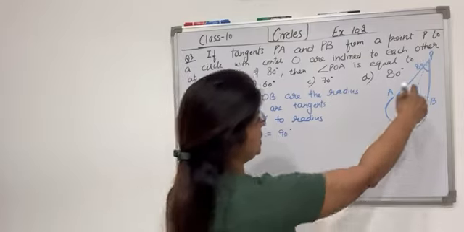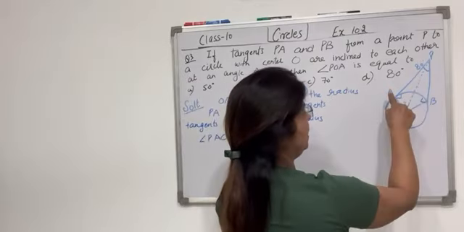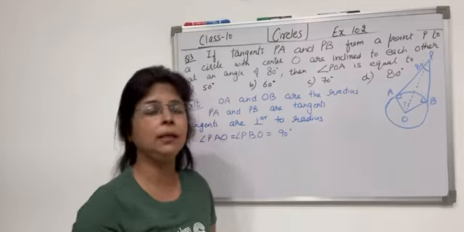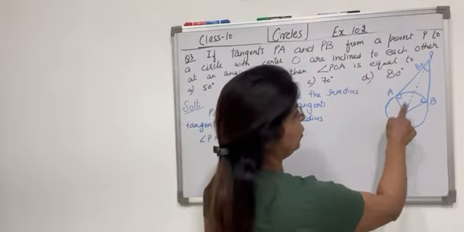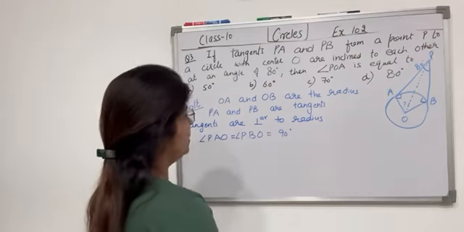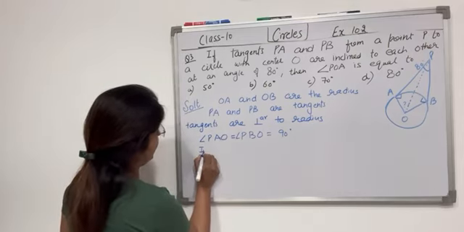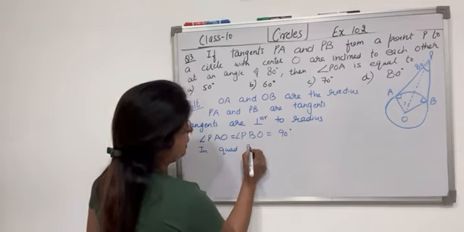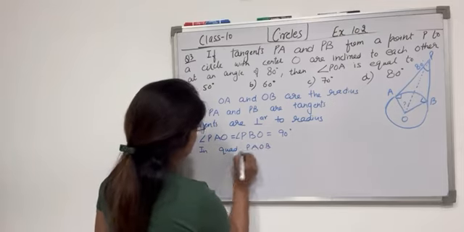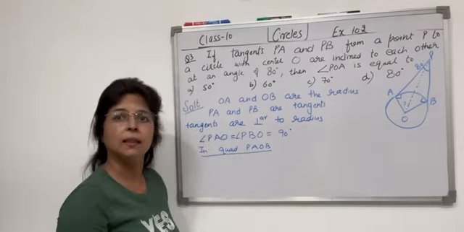If I see this quadrilateral, PAOB, this is a quadrilateral. In this quadrilateral, I know three angles. So can I find out the fourth angle? So now what I am going to do is, in quadrilateral PAOB, we know the sum of all the angles is 360 degrees.